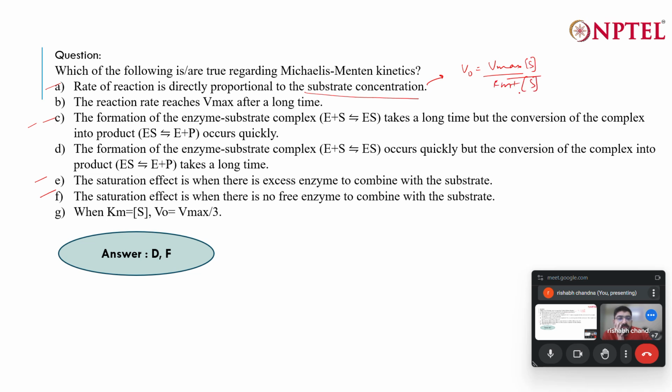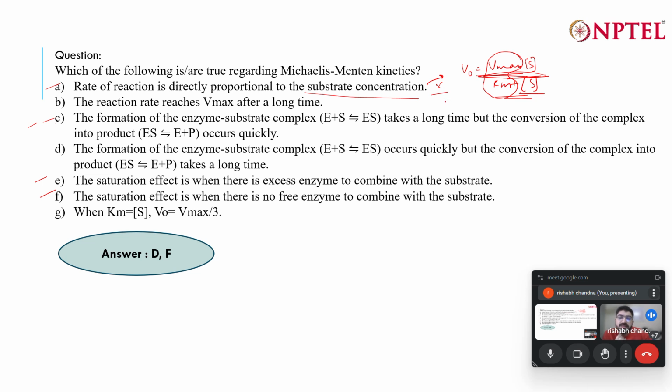So this is the equation that we study. This can be considered as a constant, but in the denominator there is an addition sign. So this is not directly proportional to the substrate concentration. So this option is false.